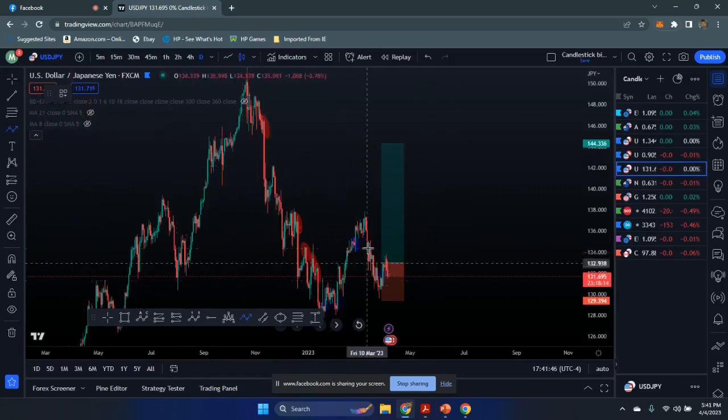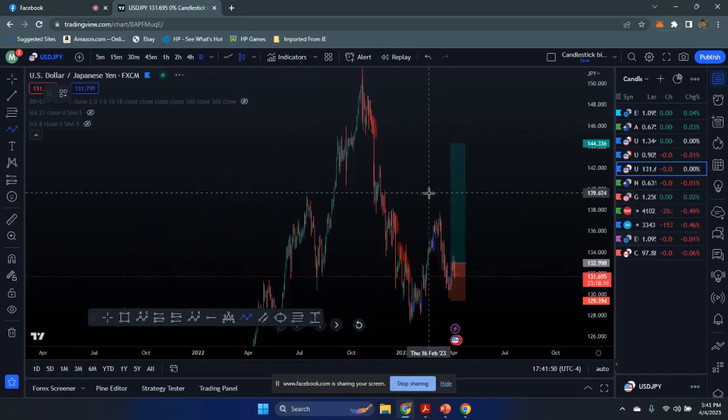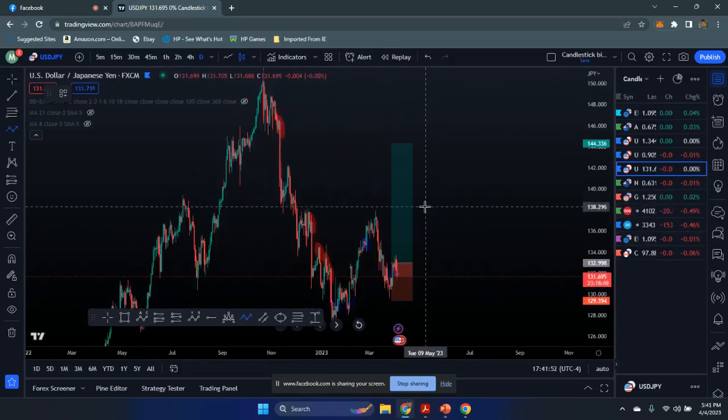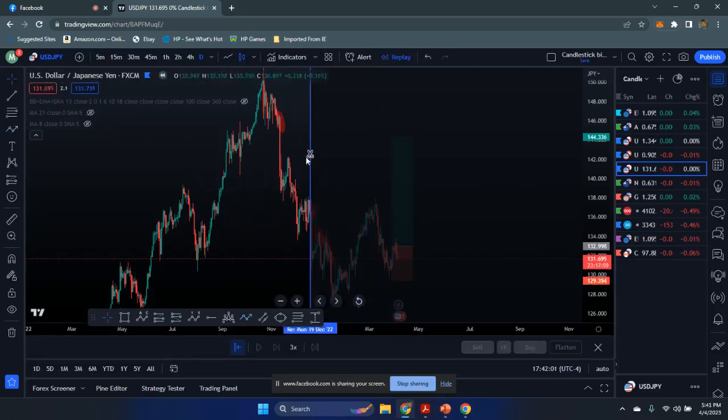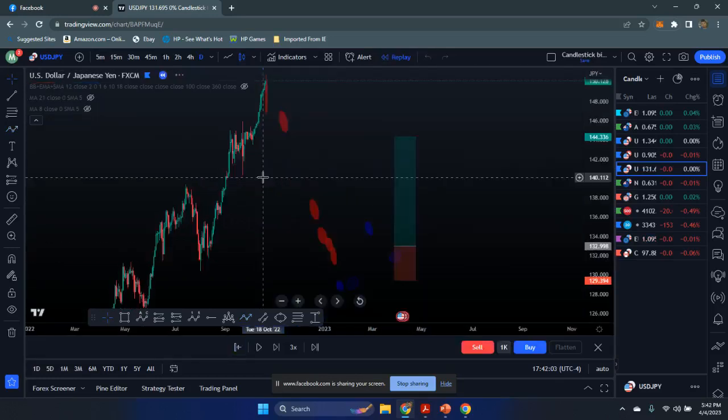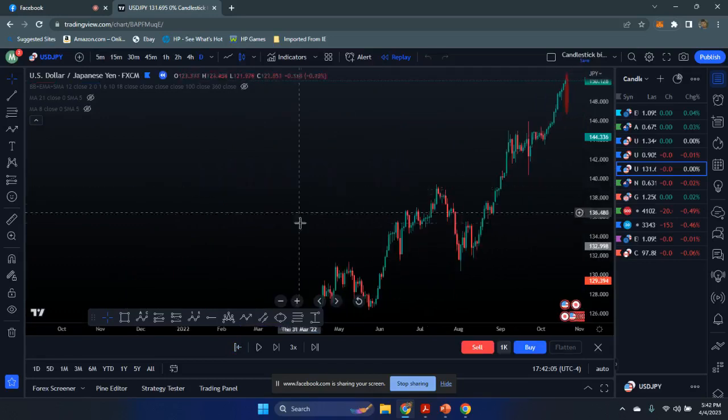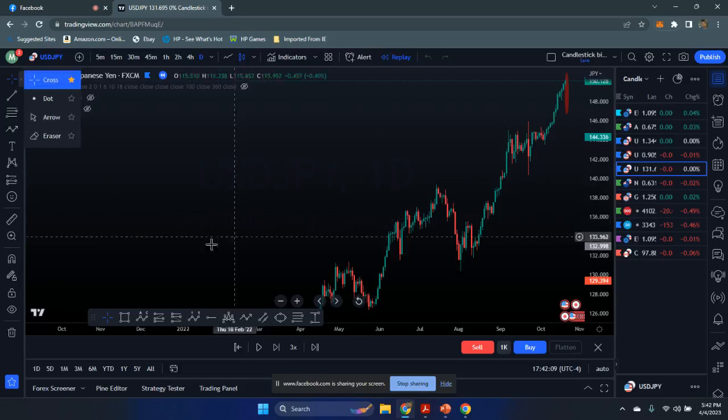Technically it is still a sell, but it's still a buy. Okay, so let's take a look. We know that this is an uptrend, right?